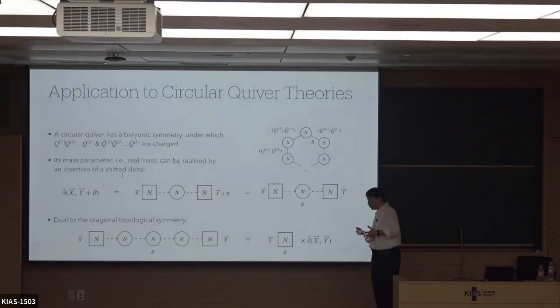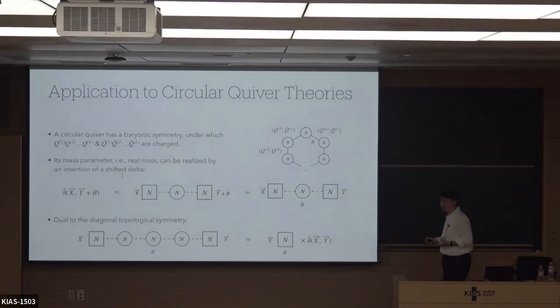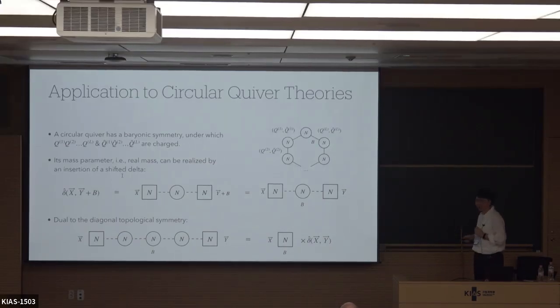Okay. So we can apply exactly the same mechanism, the same steps, to dualize the circular quiver, but we need a couple more ingredients, because if you consider the circular quiver like this, we can introduce one more symmetry, the baryonic symmetry, under which the loop-like operators are charged.